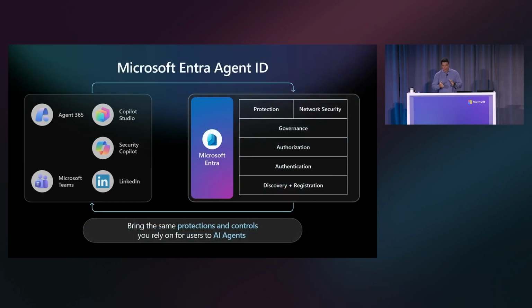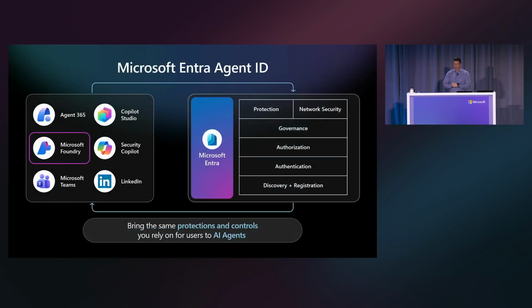So obviously, you know that in this presentation we're covering that Agent ID works with Microsoft Foundry. Super excited. As Peter mentioned, the moment that an agent gets an LLM assigned, it's going to automatically get an Agent ID. But Agent ID also works with other solutions from Microsoft: Copilot Studio for low code to build agents, and Agent 365, which was announced in the keynote earlier today as a control plane to control all agents.